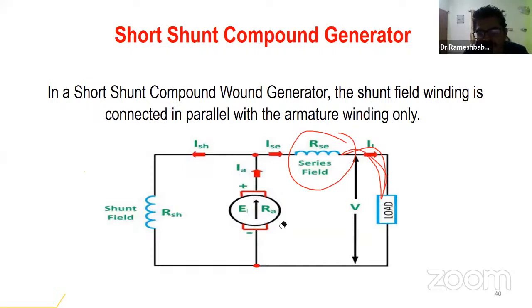So when you apply a KVL in this loop, you take this loop, right? So V plus IA into RA plus IL into RSC, because the series field winding is connected in series with the load, not in the armature. So IL into RSC you have to take. Clear?